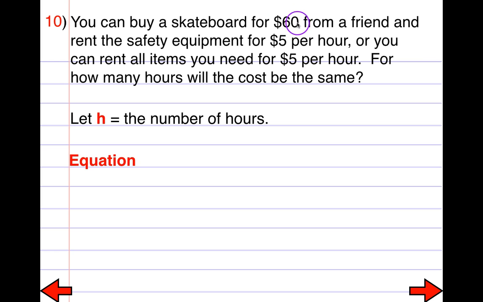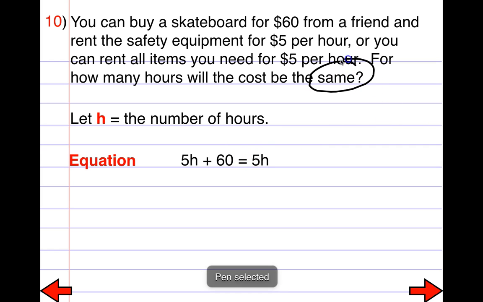Since it's $60 plus the $5 rate for the safety equipment, it's going to be 60 plus 5H. And then here for renting all of our equipment, since it's $5 per hour, that's going to be 5H. Notice I did set them equal to each other. Why? You might ask, well, they're asking me when's the price going to be the same. So that's why I went ahead and put an equal sign.